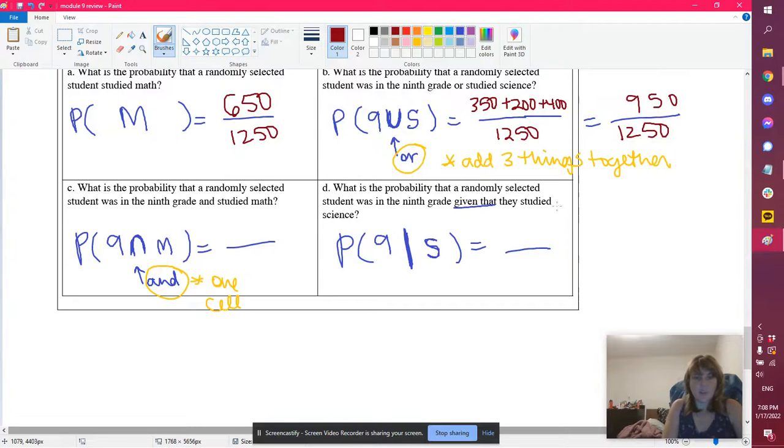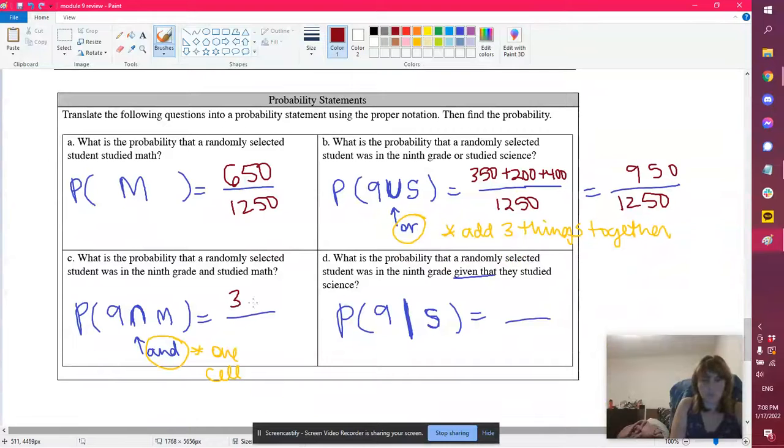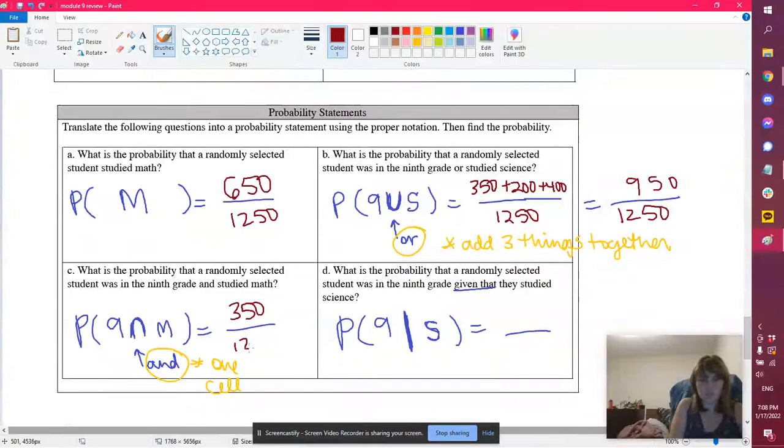Okay, if we want 9th graders and mathematicians, we want the people that are in 9th grade and in math, so we just want this 350 number. And then what's on the denominator? There's no conditional statement, there's no given that, so we just are going to use this 1250 number.